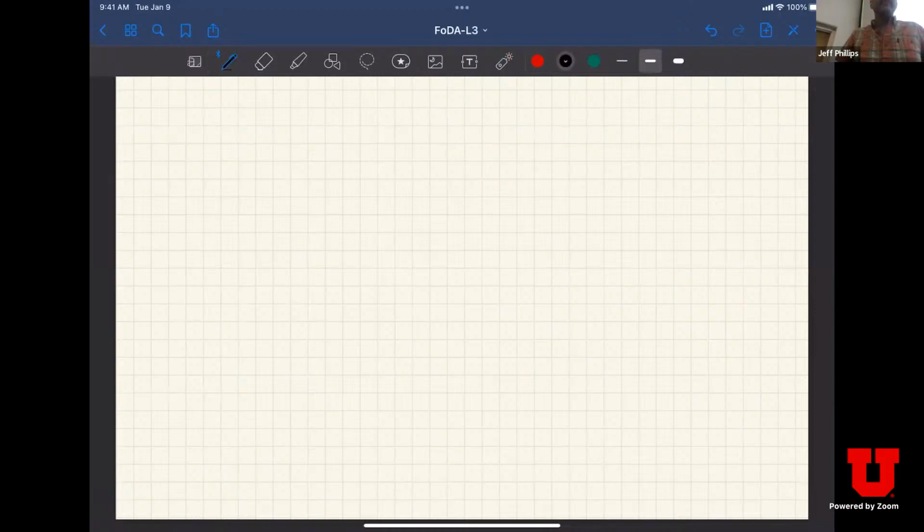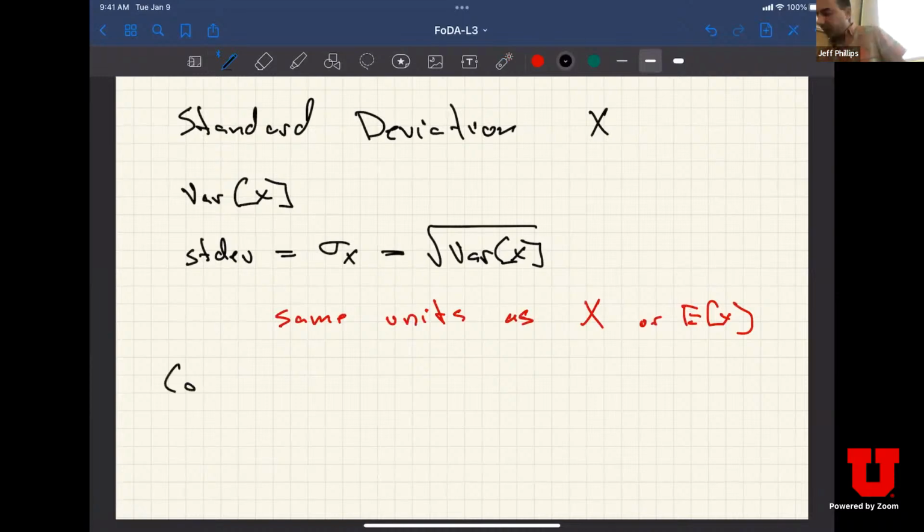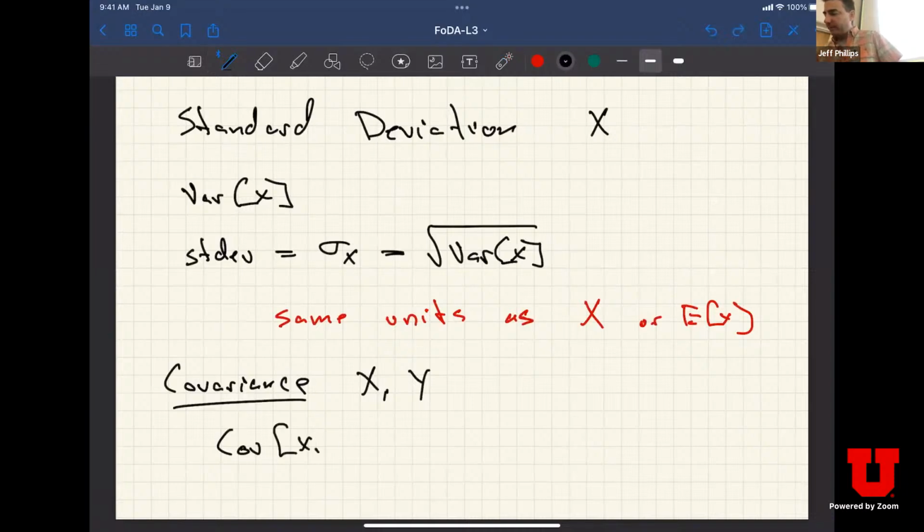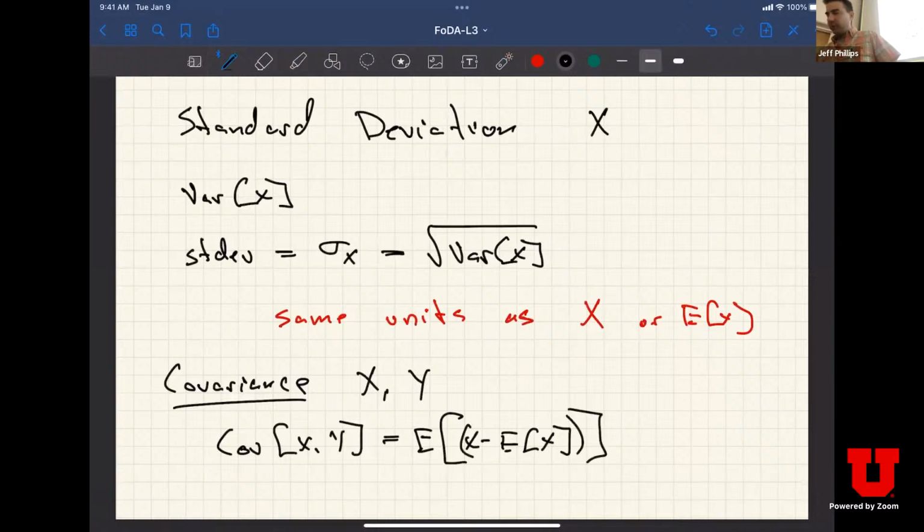Let me just say this, the covariance. We're going to start talking about pairs of random variables, and the covariance is how they vary with each other, which is just the expected value of X minus the expected value of X, times Y minus the expected value of Y. I'll just define this now.